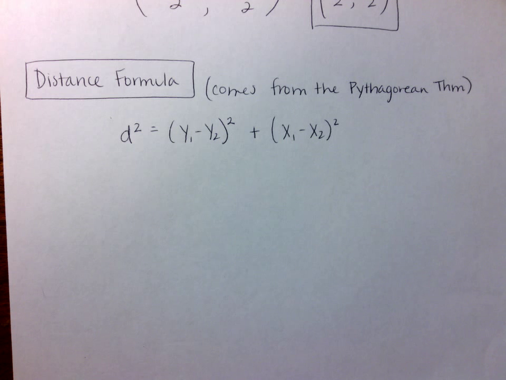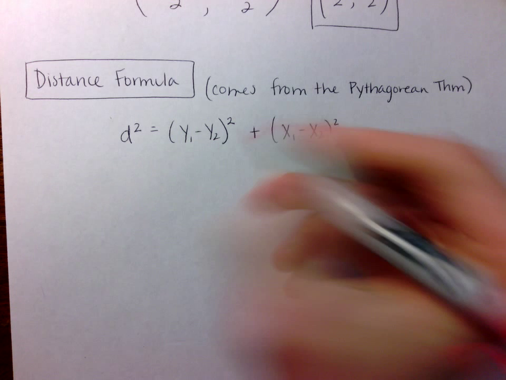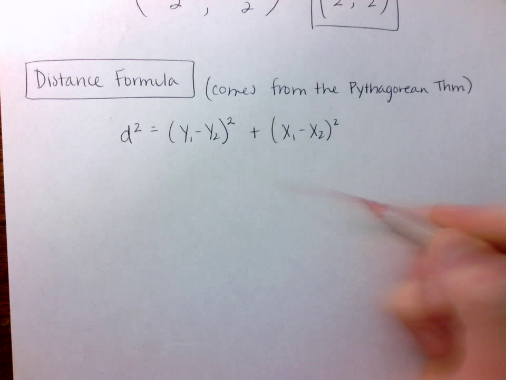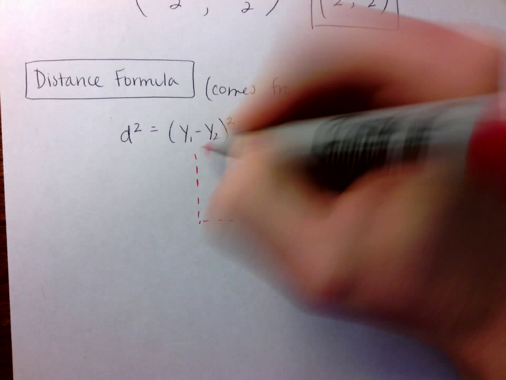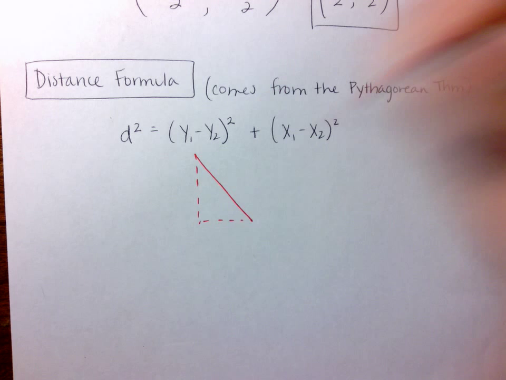One of those gives you the height of a sketched triangle, and one of them gives you the width. So it's kind of like the two portions of a right triangle.